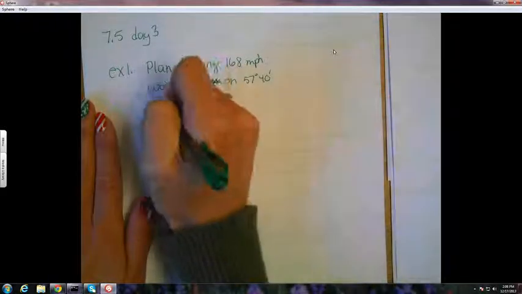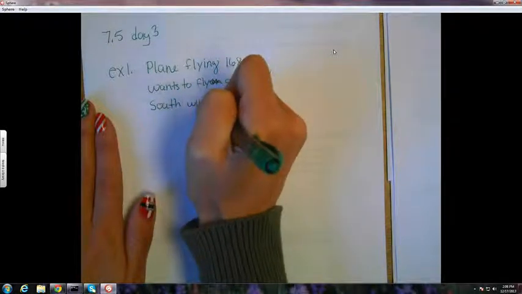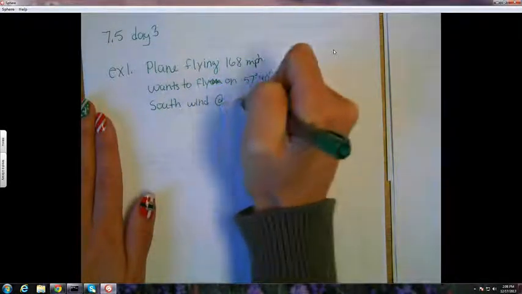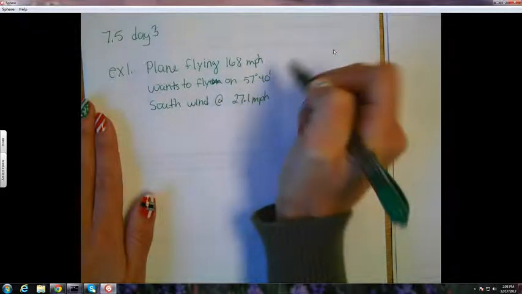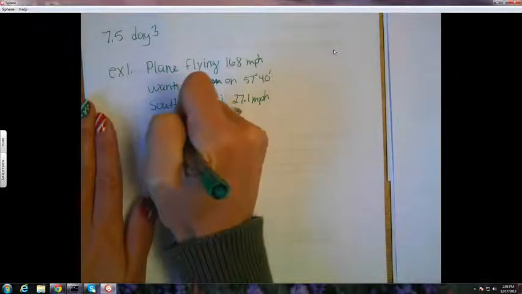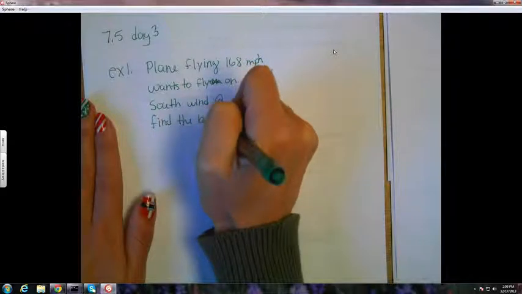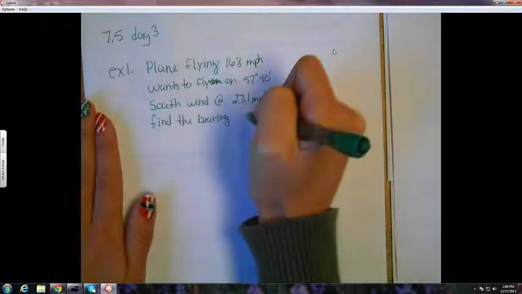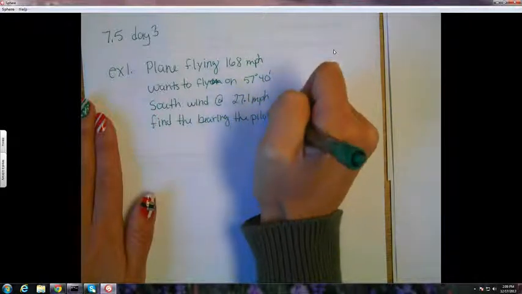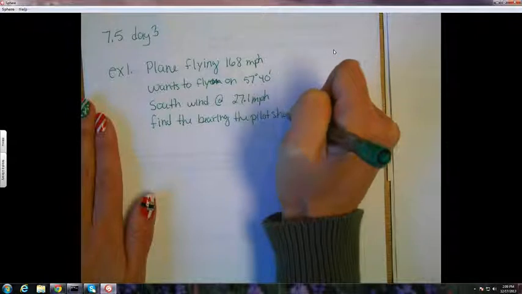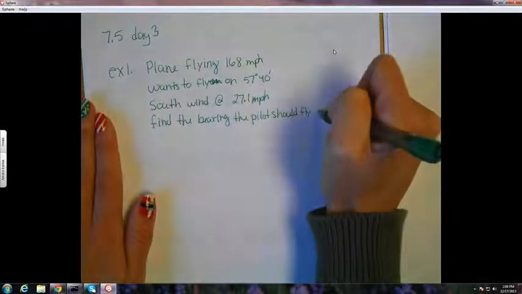There is a south wind blowing at 27.1 miles per hour. Can you find the bearing the pilot should fly and the ground speed?